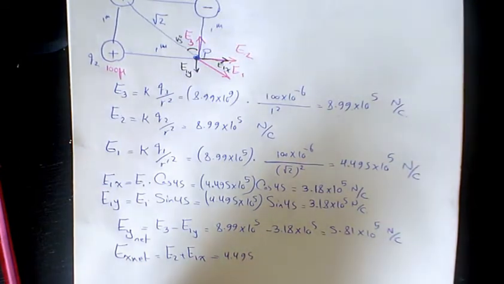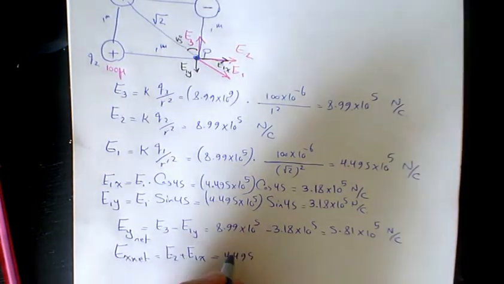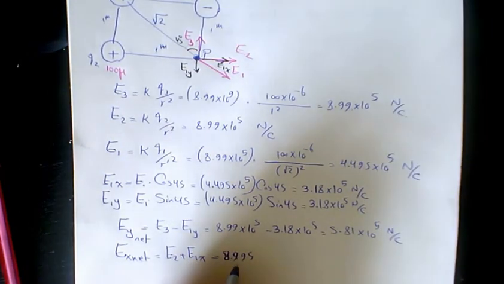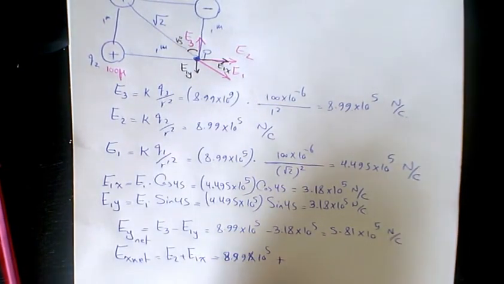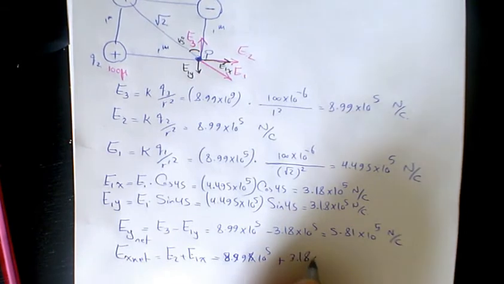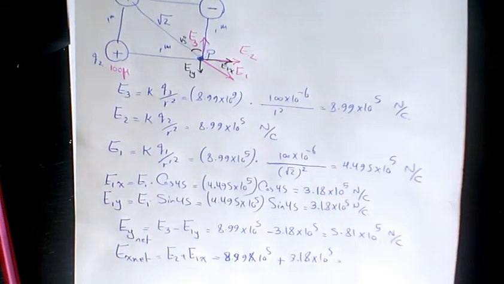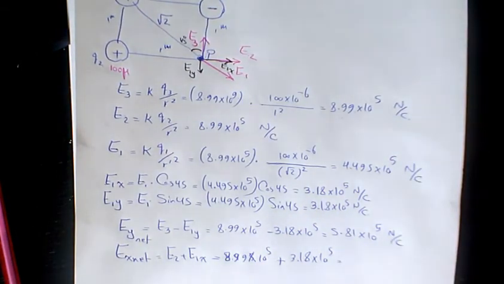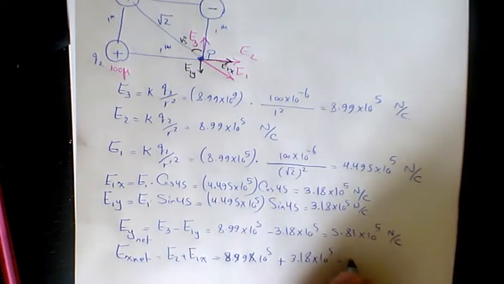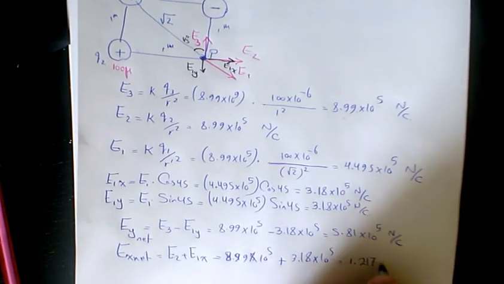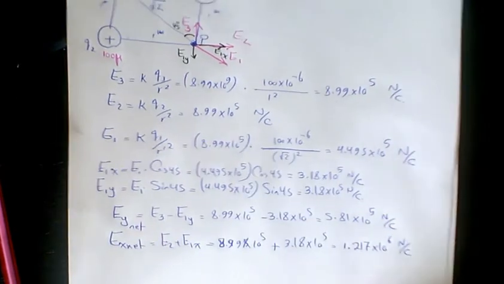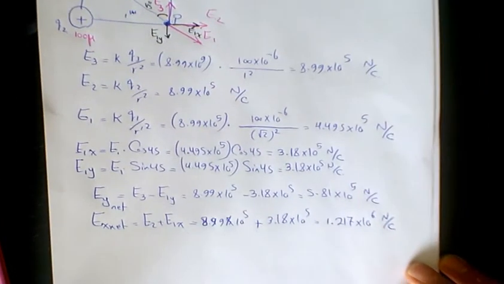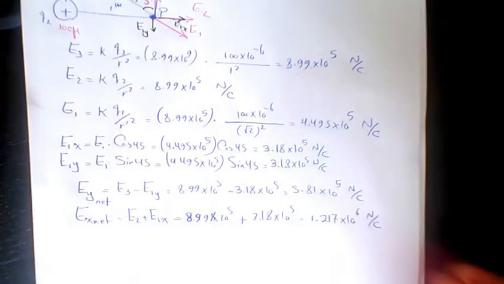Actually, E2 is going to be 8.99 times 10 to the power of 5 plus 3.18 times 10 to the power of 5. So 8.99 plus 3.18, that's going to be 1.217 times 10 to the power of 6 newton per coulomb. So that's EY net and EX net.